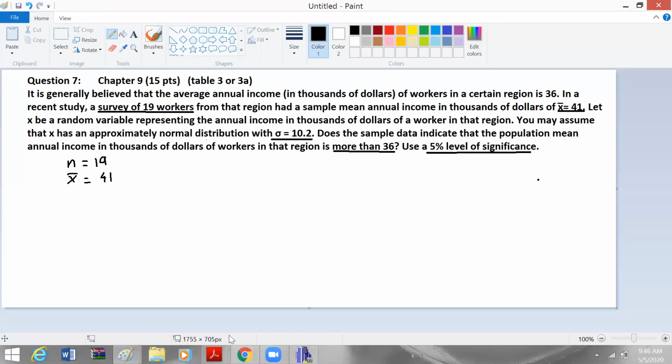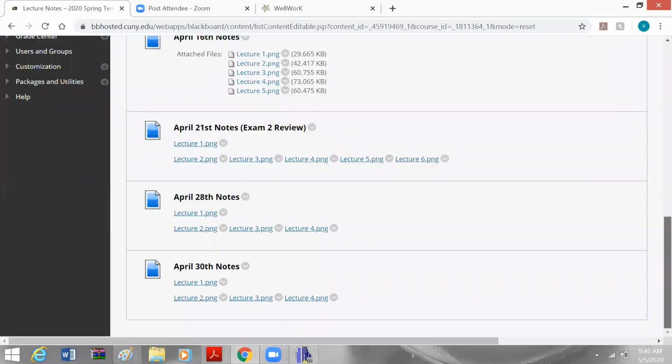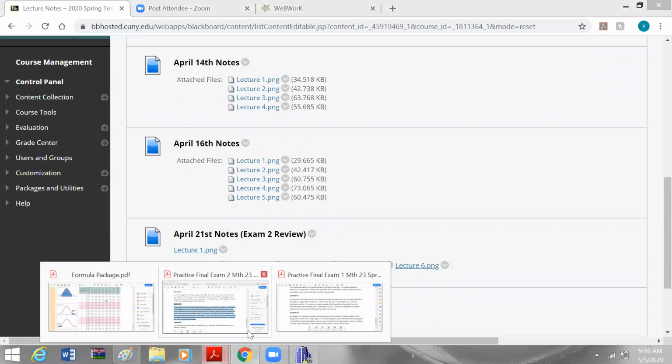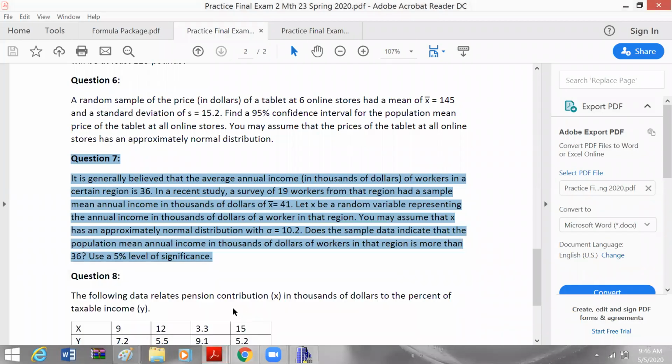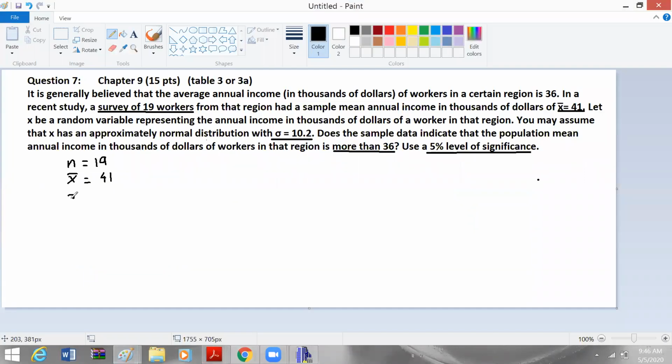Remember, the notes can be found in the lecture notes, which are posted, so you can double check them. And then we have the standard deviation, which is 10.2. We also have the keyword, more than 36. That is the keyword for this question.